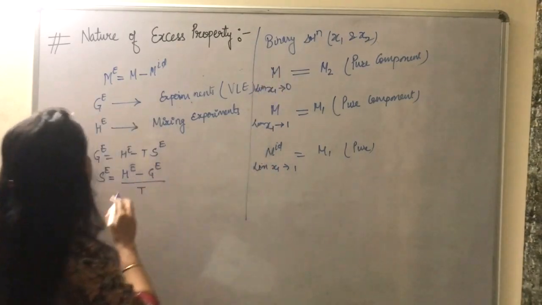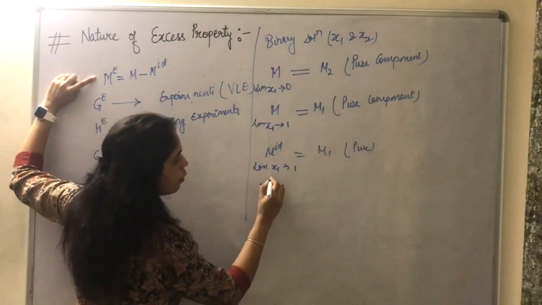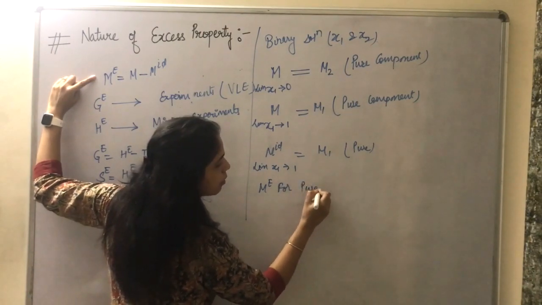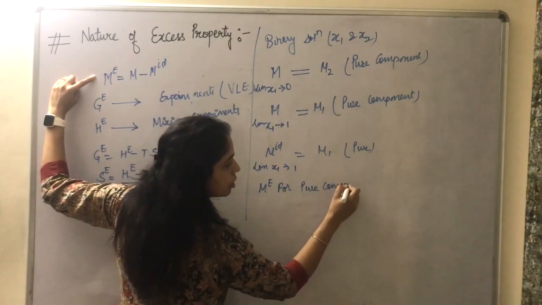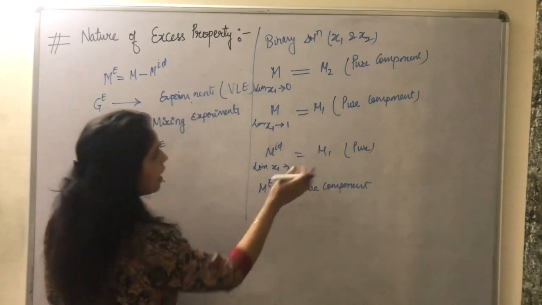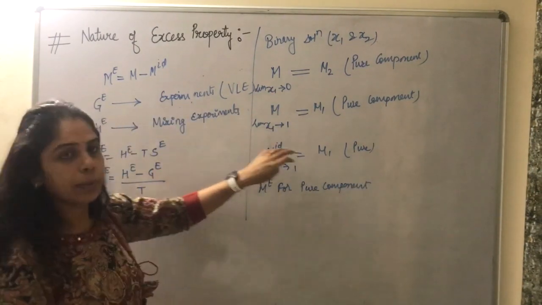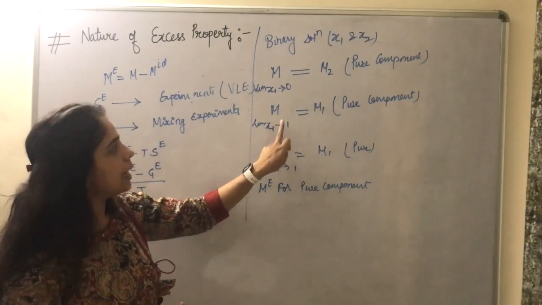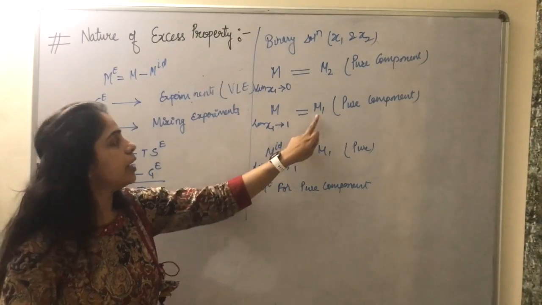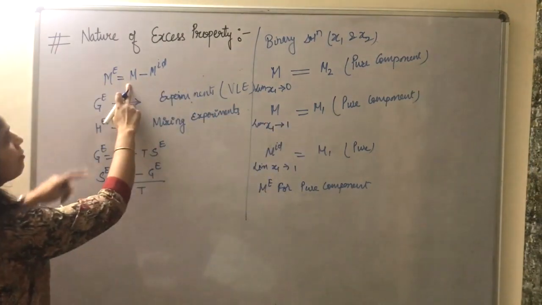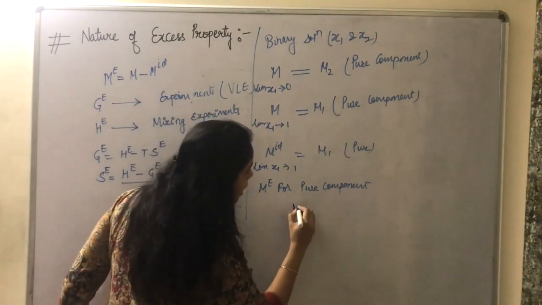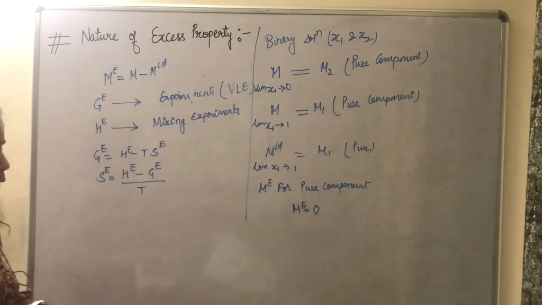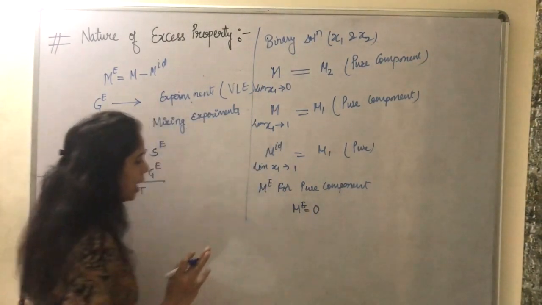So when you put this into the excess property for a pure component, क्या आएगा? हमेशा 0 आएगा, because M1 माइनस आइडियल के लिए भी अगर प्योर कंपोनेंट है तो M1 होगा, एंड रियल के लिए भी if it is a pure component then M1 होगा. So if you put in M1 minus M1, the excess property for a pure component is equal to 0, right? ये आपको ध्यान में रखना है.